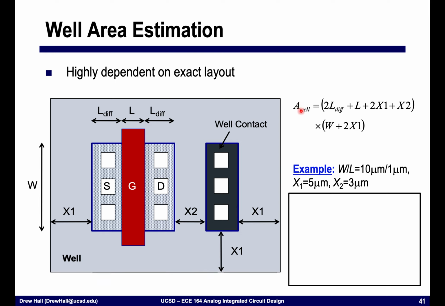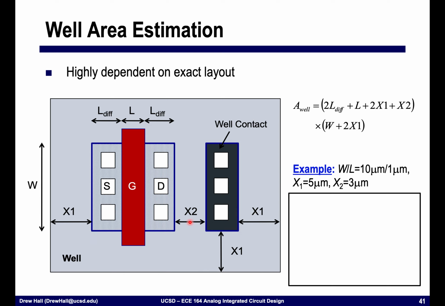The calculation is rather straightforward. If we look at the area of the well, it's minimally equal to this diffusion length, 2L diff. Okay? That's simply these two right here, plus the channel length, L, plus I have to have some distance between the edge of the well and my device.